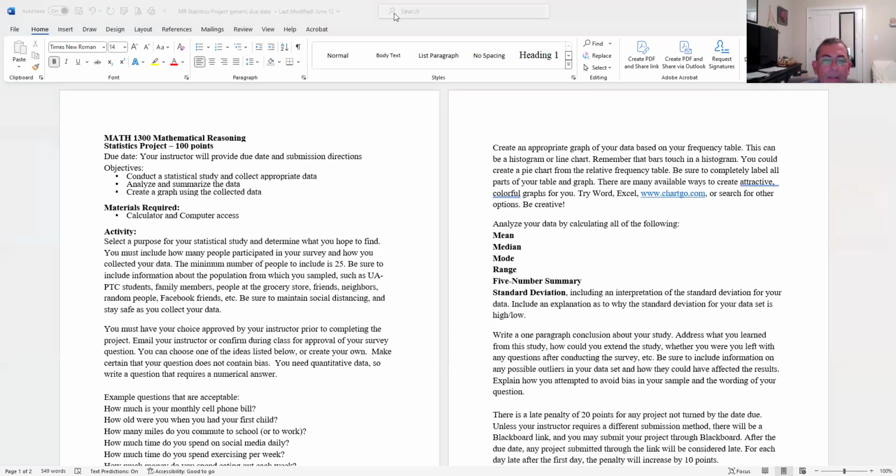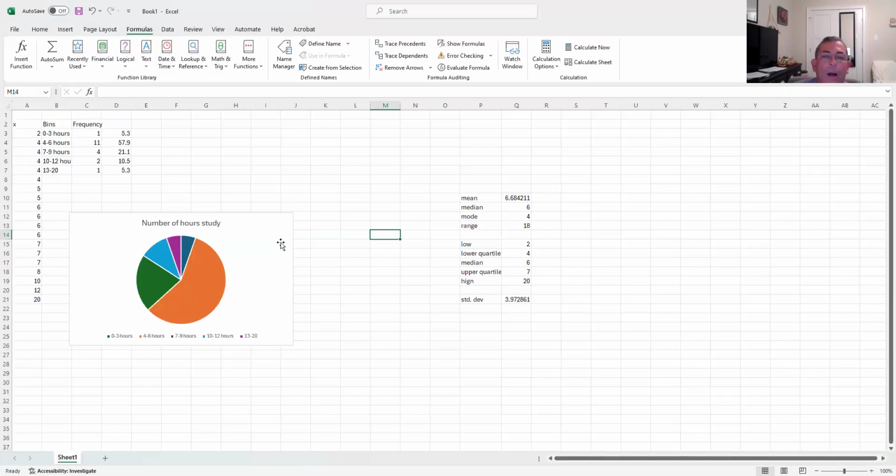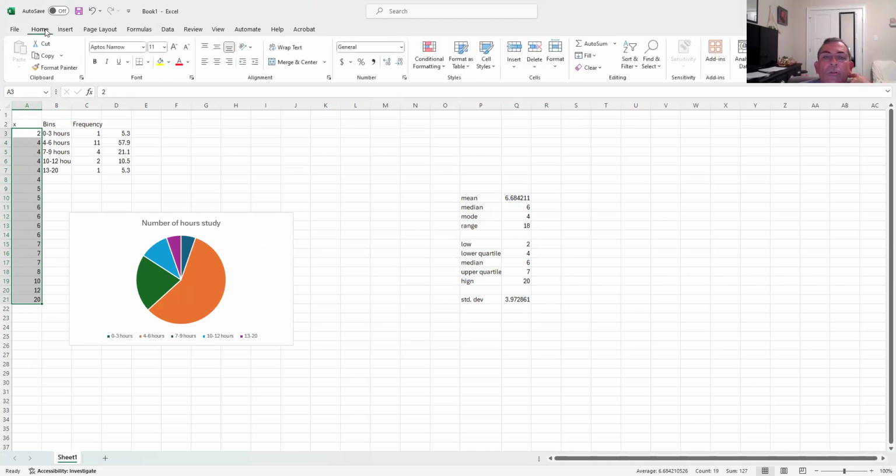So let me go back to Excel. And y'all, that's the main thing, is coming up with all this data right in here. And notice the easiest thing to do when you want to sort that data in numerical order: I went to the home screen, and then over here to the right side where that AZ is, I clicked on the AZ.